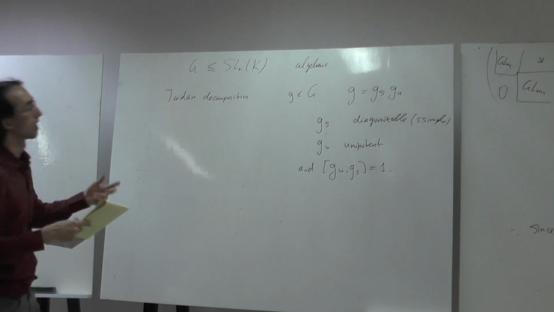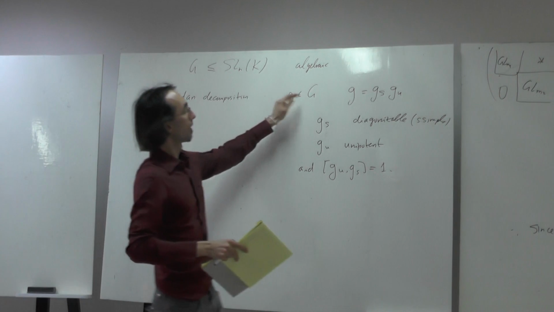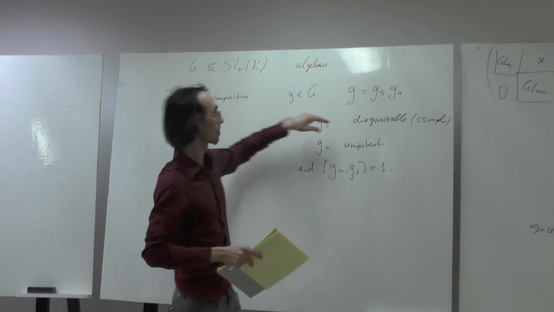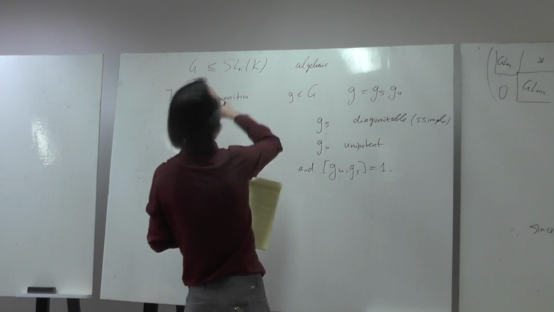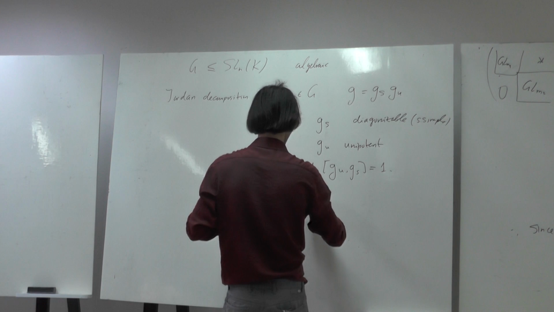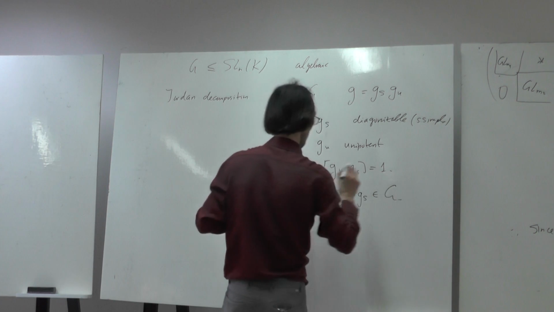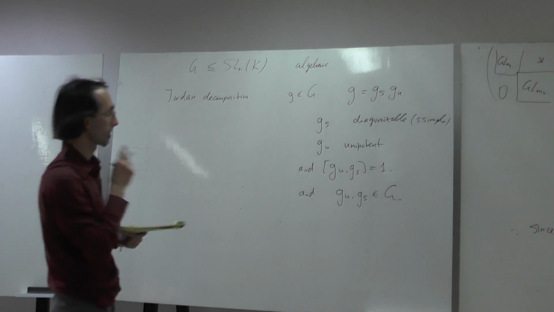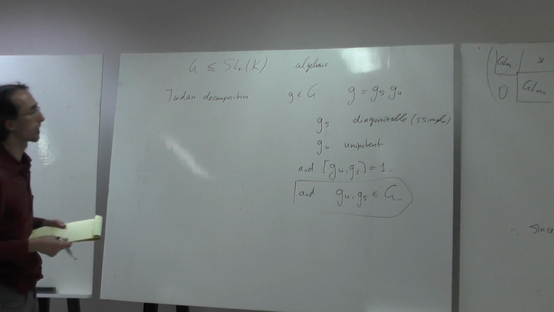So we know from linear algebra that every matrix can be written in a unique way in this form, and the proof actually also shows that both the semi-simple and the unipotent part lie in G. Right? Okay, it's true, but I don't think we need it.